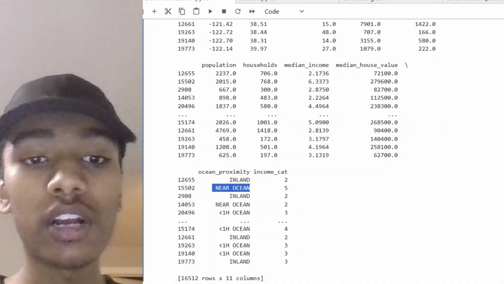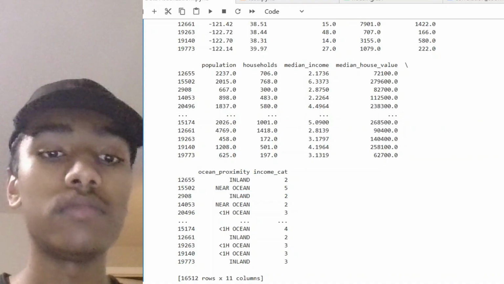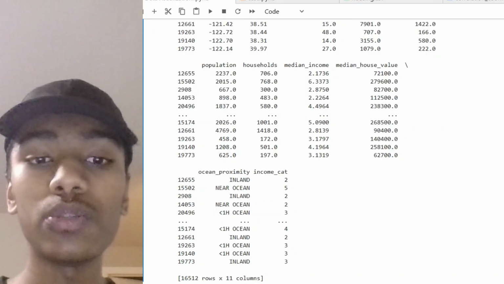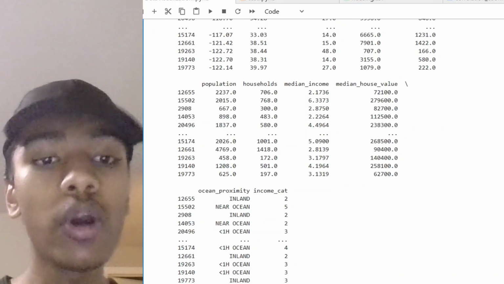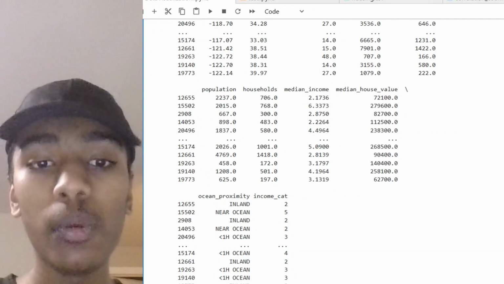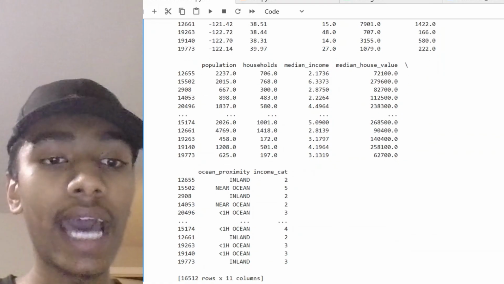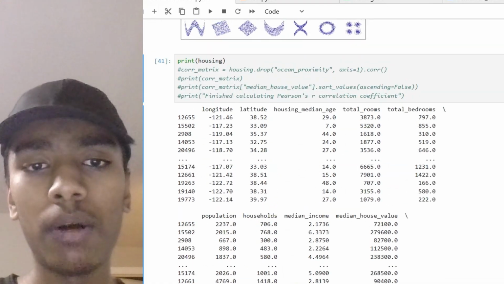And obviously, the Pearson-R correlation coefficient cannot determine the correlation between strings or objects. And so we obviously have to remove that particular value from our consideration. We also have the income underscore cat, which remember we calculated that before and we added that to our data frame a while back.